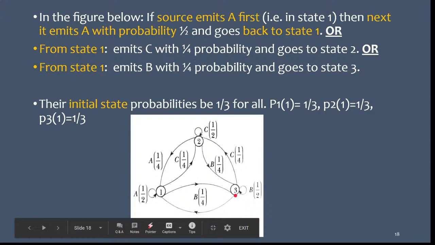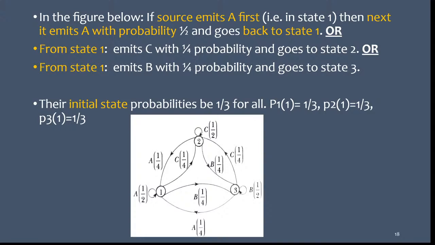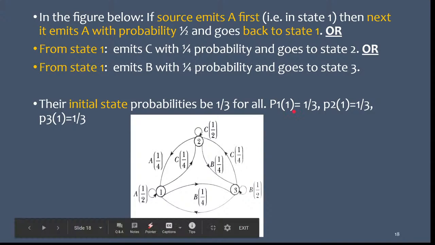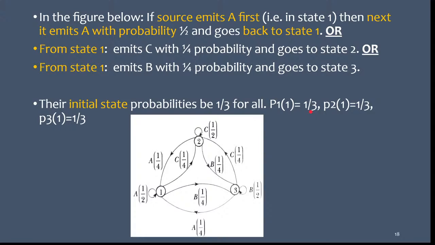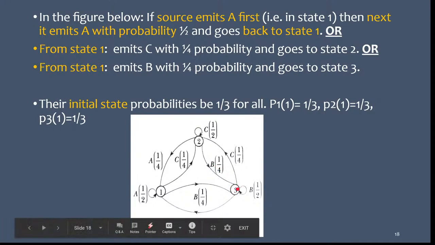That means when you start the system, you start the camera or start the teletypewriter to emit symbols, then initially it could be in any of these states. Maybe the initial state was 1, the probability is 1 by 3. Or when you just started, the system was in state number 2, the probability is also 1 by 3. Or it was in state number 3, the probability is also the same, that is 1 by 3.